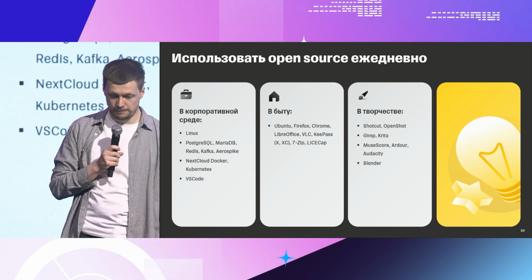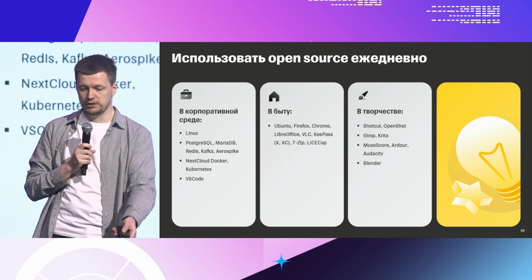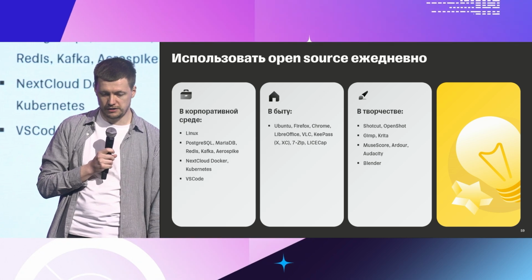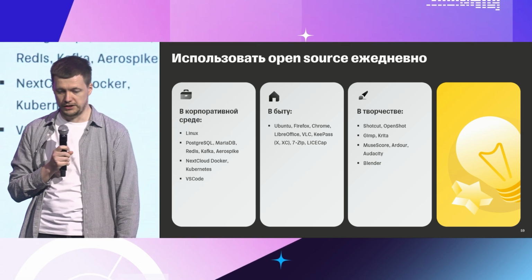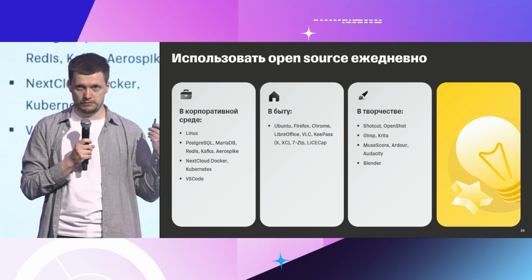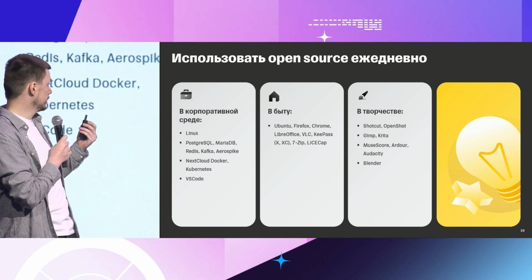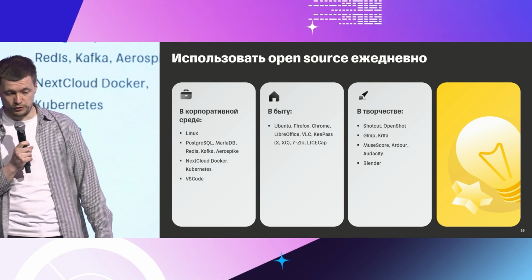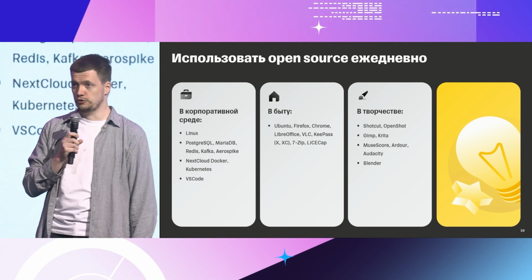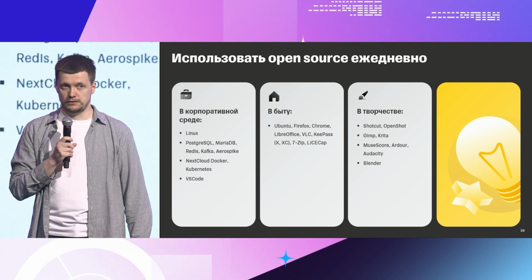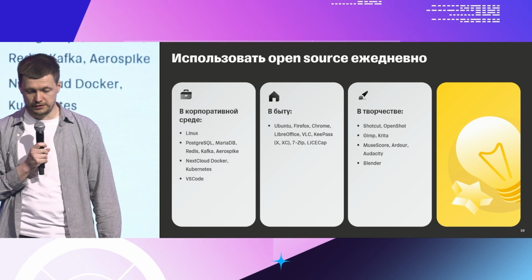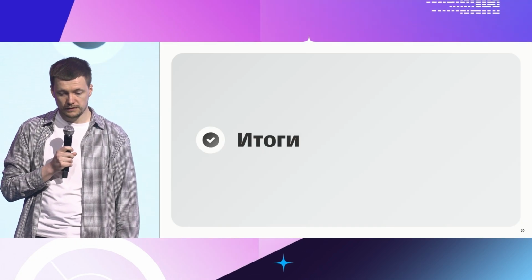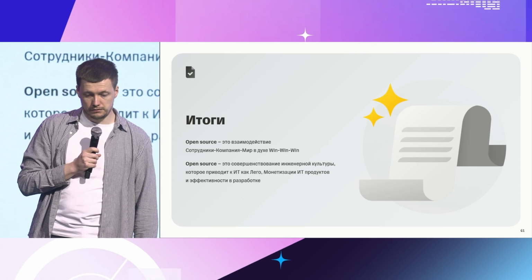Maybe somebody has forgotten it. Honestly, yeah, that's true. And can you imagine? We would live in a totally different world if this didn't exist. A lot of talented engineers gave us all of this. They gave us the possibility to use it. They will hear us if we come to them with a question, and they will accept our corrections if we would like to participate in this. And this is a wonderful thing.